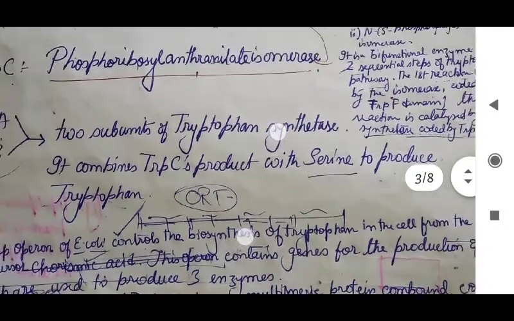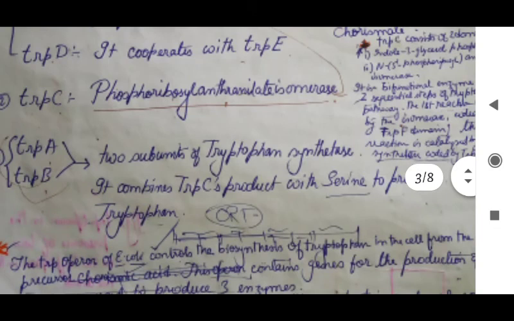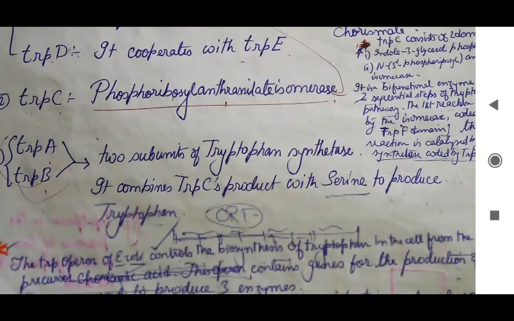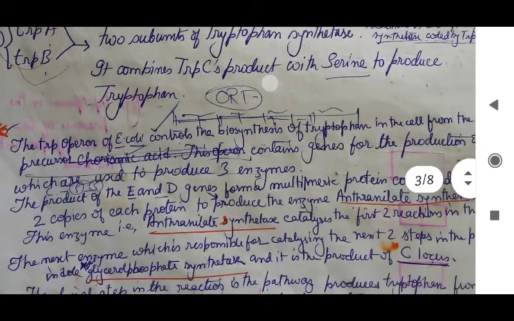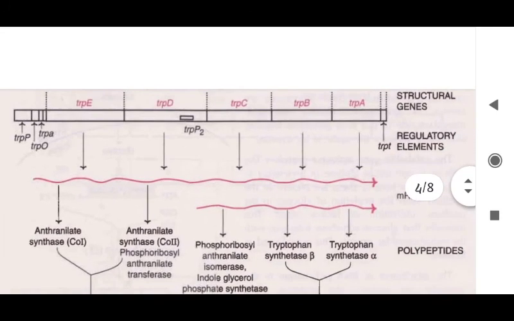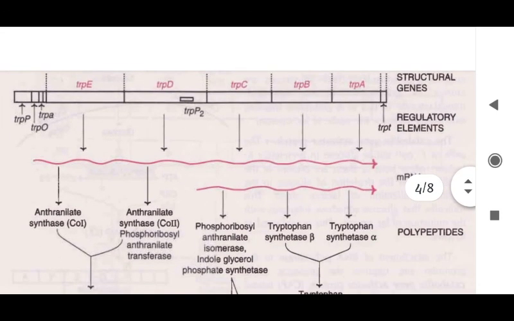Again I repeat, TRPA and TRPB are the two subunits of tryptophan synthetase. This TRPA and B form the tryptophan synthetase, and it combines with TRPC's product with serine to produce tryptophan. So here we can see TRPB and A. As you can see here, TRPB encodes tryptophan synthetase beta and TRPA encodes tryptophan synthetase alpha.